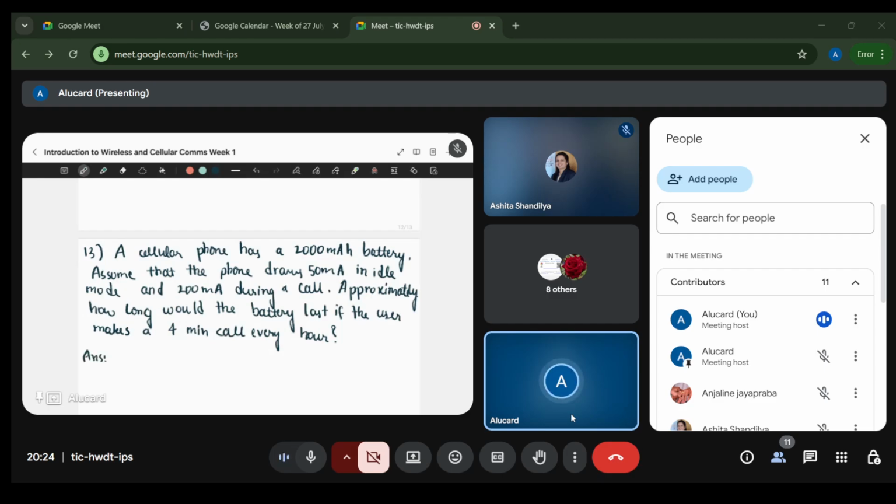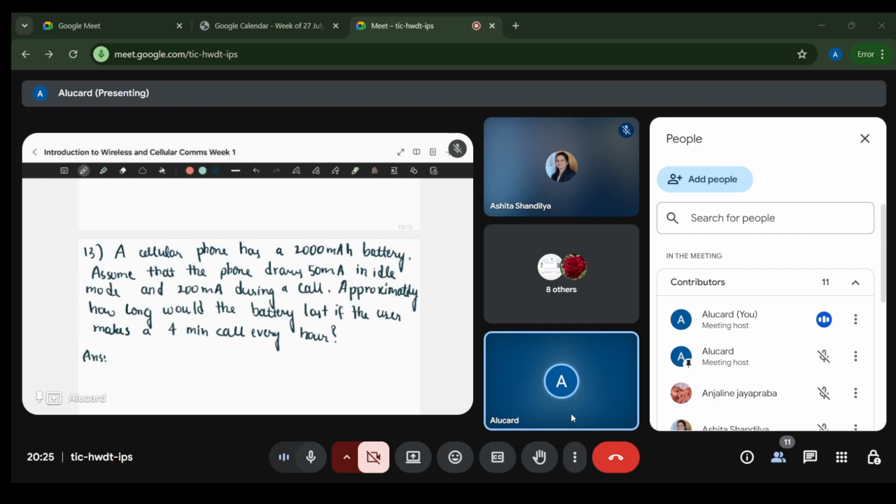So the battery capacity is 2000 mAh, which means you can draw a current of 2000 milliamperes for 1 hour. Anyway, the amount of current that you draw times the amount of time that you use in hours should be 2000. You could draw 400 milliamperes for 5 hours or 100 milliamperes for 20 hours.